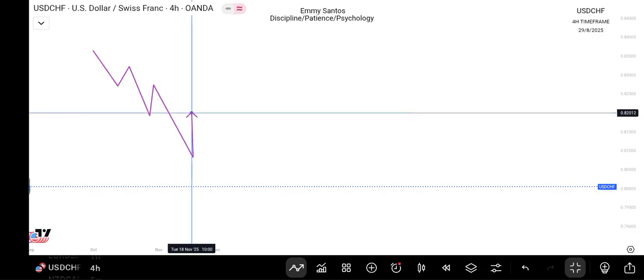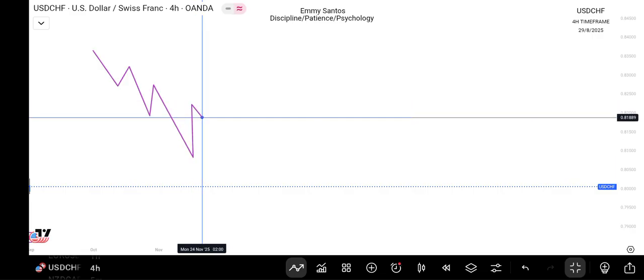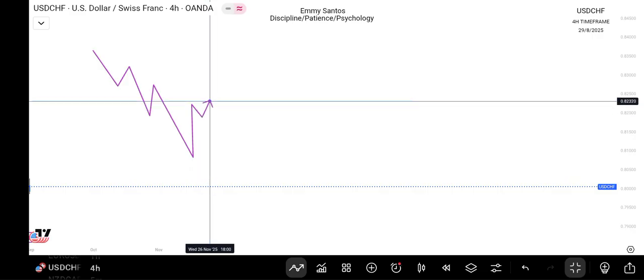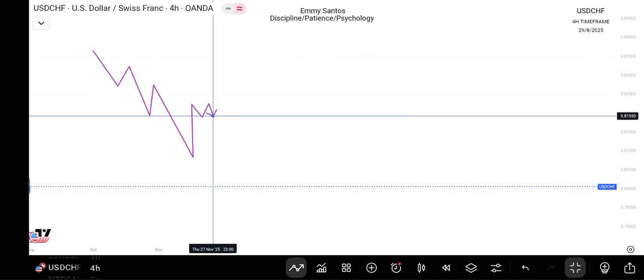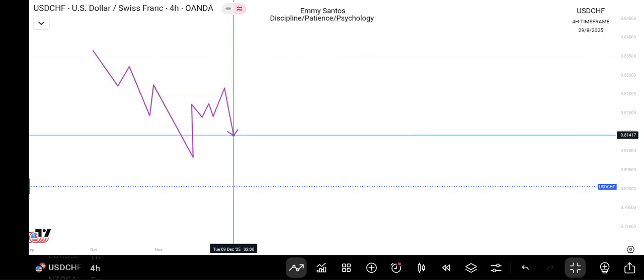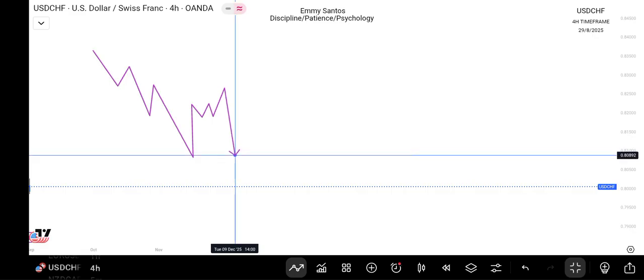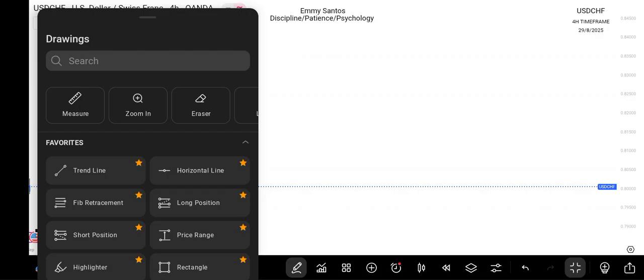Then price came here from this double top down here, then came to this place, this POI level. There's a high chance of price coming down to this previous low.